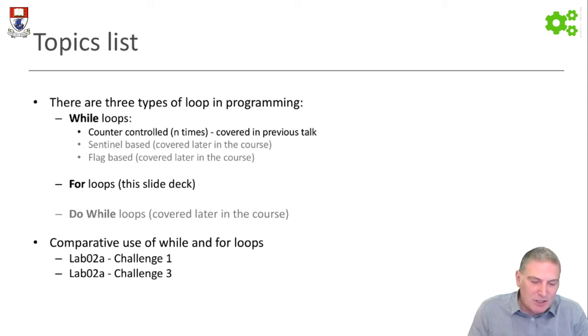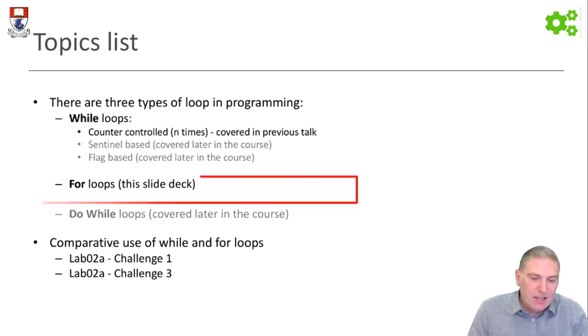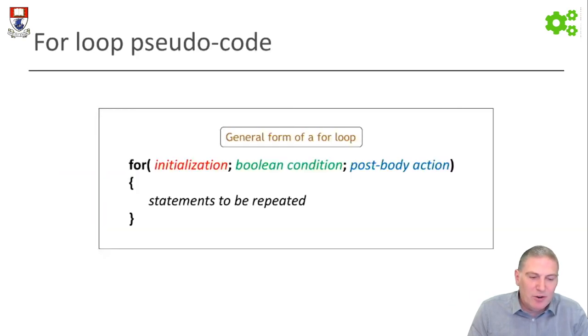And again, we'll cover do while later. I'm not going to have time to get through the challenges. And again, the challenges are not something that everybody needs to complete every week, but I have given you some notes to help you out with the challenge in this slide deck. So let's see if we can get through for loops.